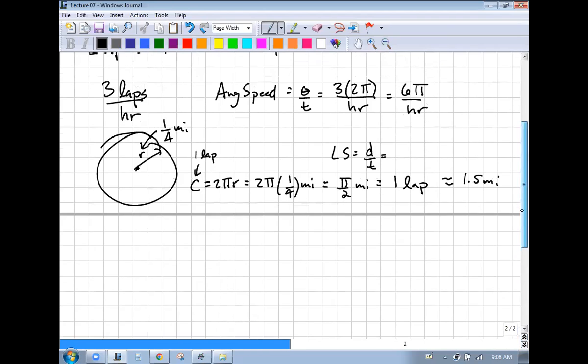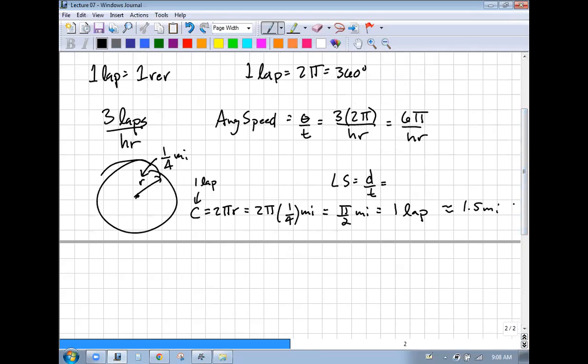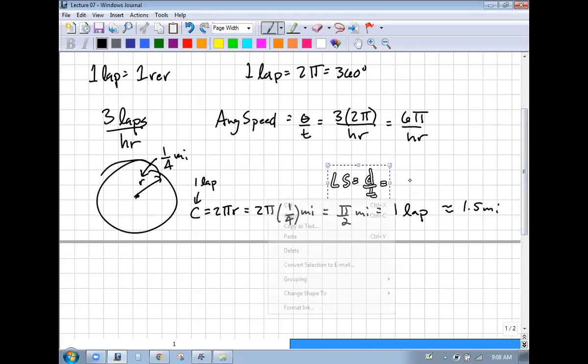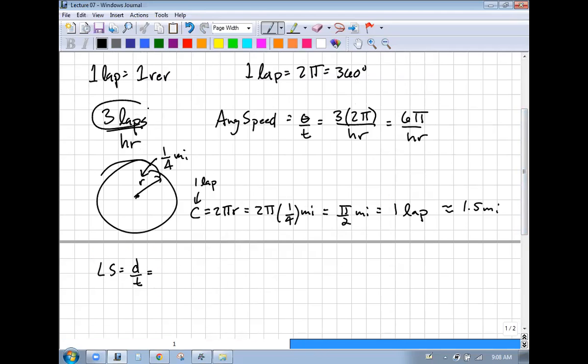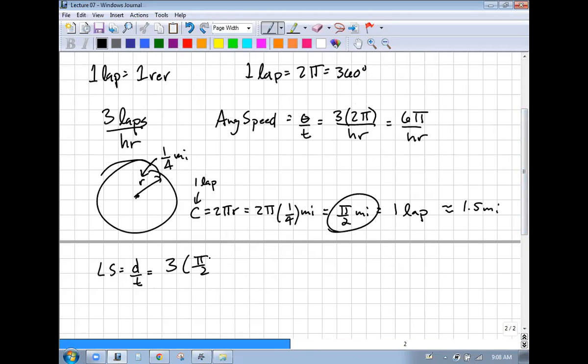So now that we know the length of 1 lap, what is our linear speed here? The distance he's traveling is 3 laps per hour, so we'd replace lap with pi over 2 miles, and this is per hour. So we're getting 3 pi over 2 miles per hour.